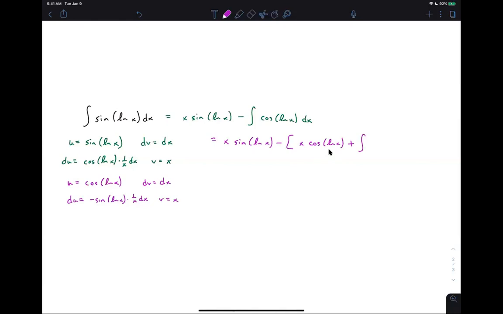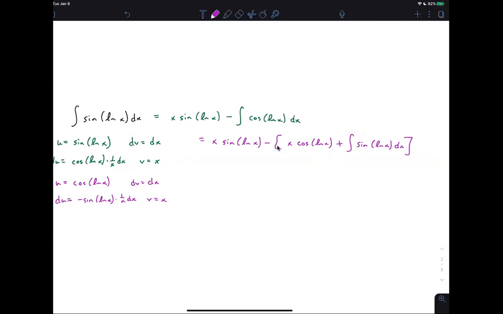And then the x's cancel, so we get plus the integral of sine natural log x. But that's all within brackets. Got to be real careful with the signs. But at this stage, this is a plus sign. Now we're going to take a step to distribute the negative. So we get x sine natural log x minus x cosine of natural log x minus the integral of sine natural log x dx.